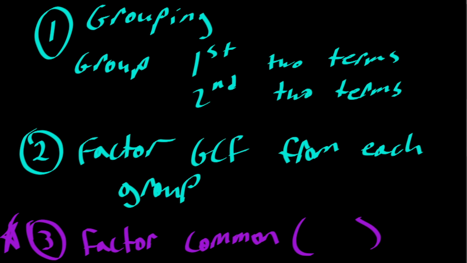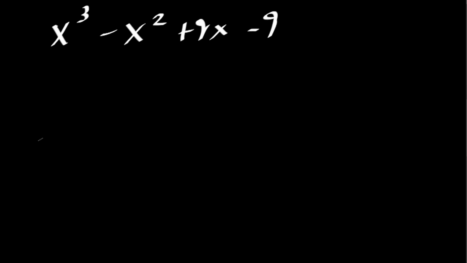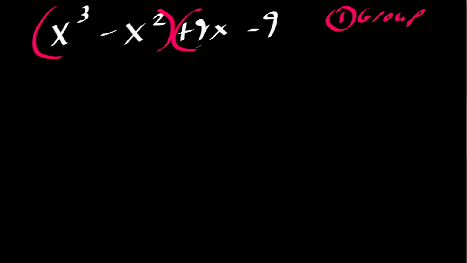So let's go back to our example, and we'll actually work a few of these. So x to the third minus x squared plus 9x minus 9. When we say the first step is to group, this can be simply done by just putting parentheses around the first two terms and the last two terms.